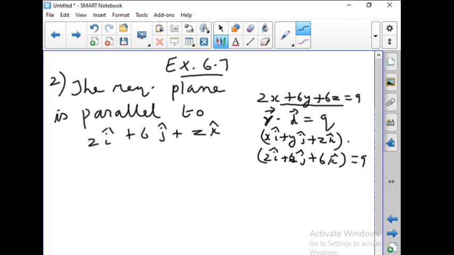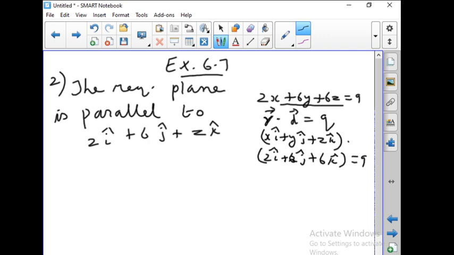So the required plane given here passes through the 2 points and is perpendicular to the plane. Because it is perpendicular to this plane, we take the required plane as parallel to 2i cap plus 6j cap plus 6k cap.